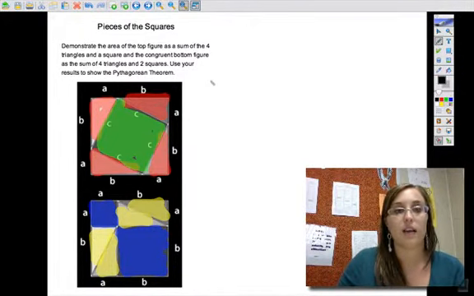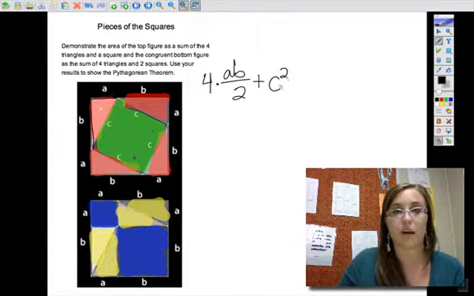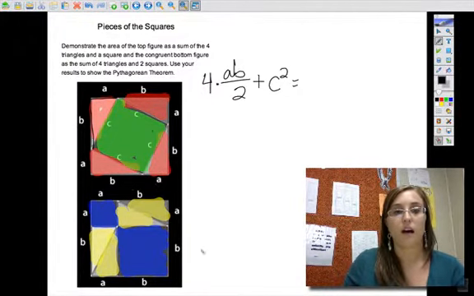So this is that 4 times AB divided by 2, because the area of one individual triangle is base times height, A times B divided by 2, and there's 4 of those triangles, plus C squared for the area of that green square, equal to the area of all of these.